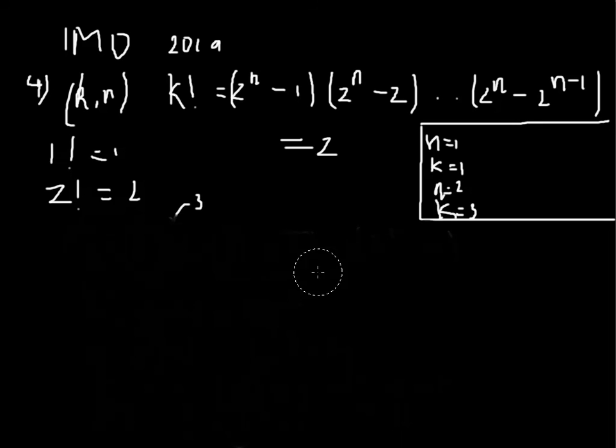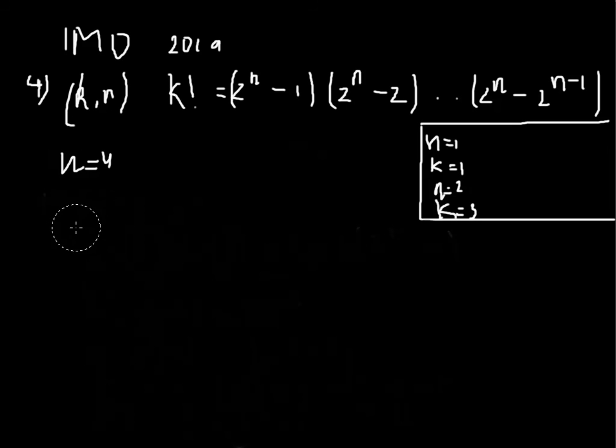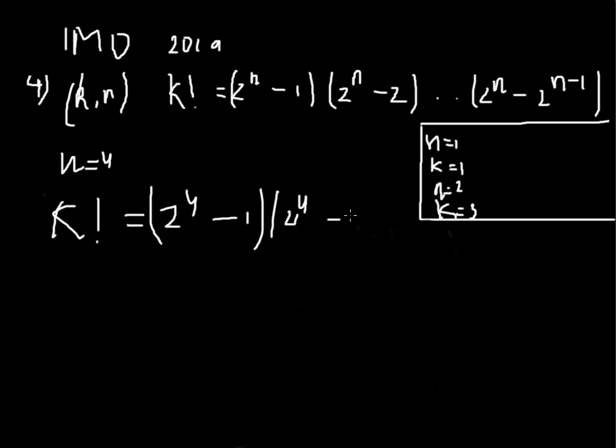So let's prove it. Let's take the same thing. n equals 4, then k factorial equals 2 to the power 4 minus 1 times 2 to the power 4 minus 2 times 2 to the power 4 minus 4 times 2 to the power 4 minus 8.